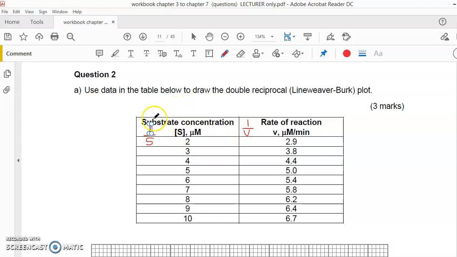You can divide 1 over 2 for the first one to get the value of 0.5, 0.33, so I write down the value first. Try it at home.